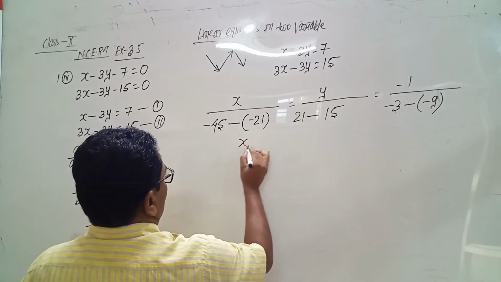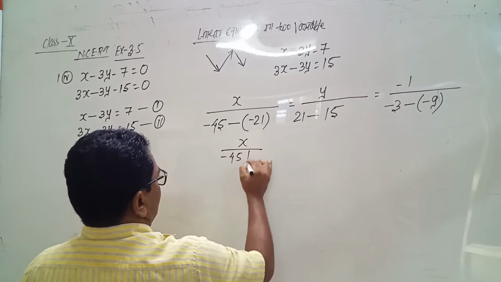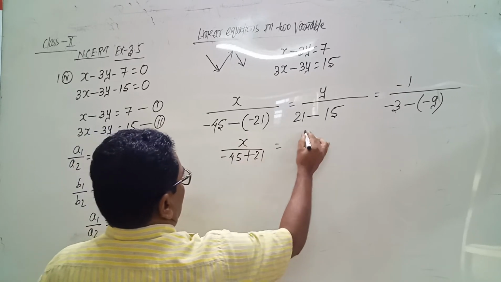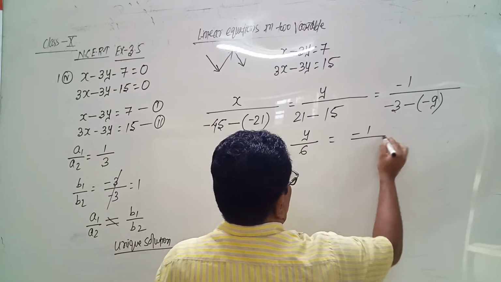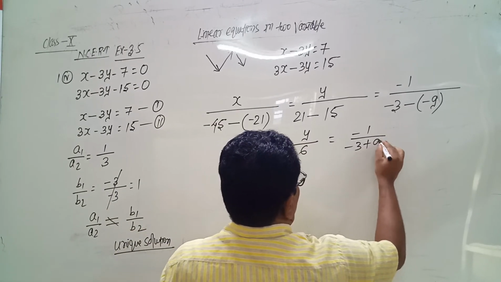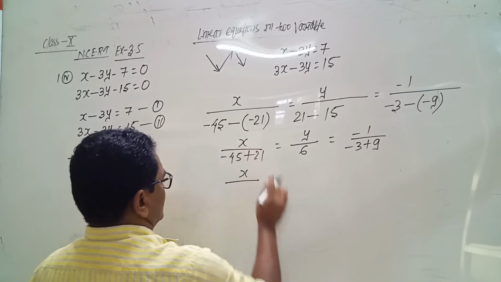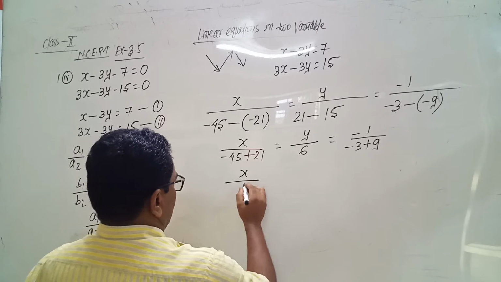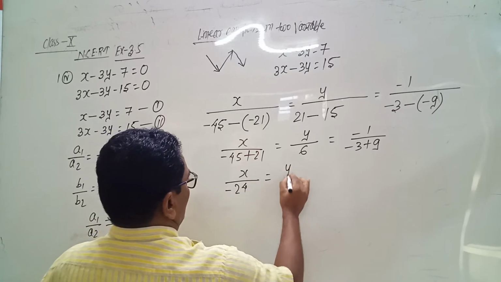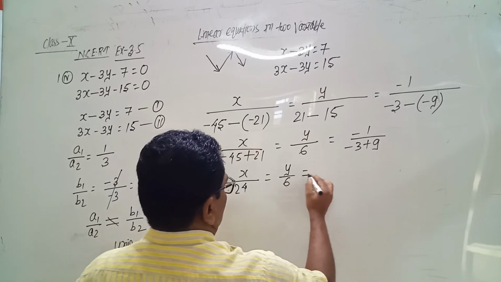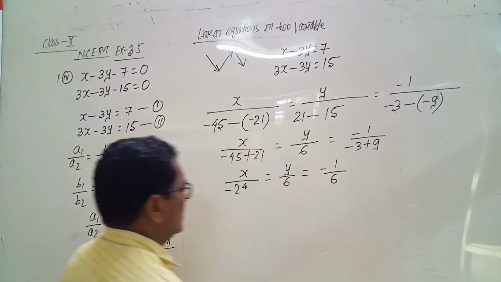Now x upon minus 45 and minus minus plus 21 equals to y by 6 equals to minus 1 by minus 3 plus 9. So x by minus 45 plus 21, it gives minus of 24, y upon 6 equals to minus 1 by 9 minus 3, 6.